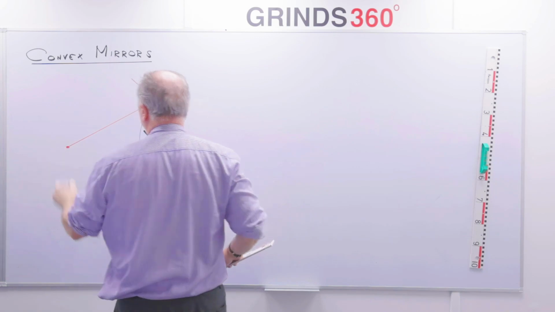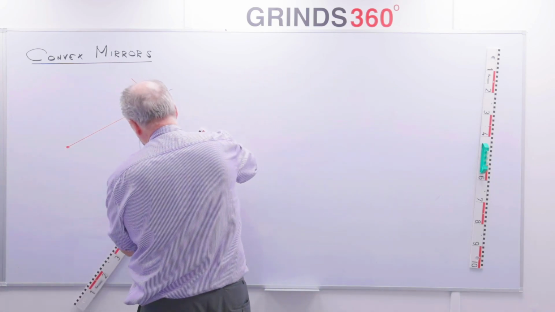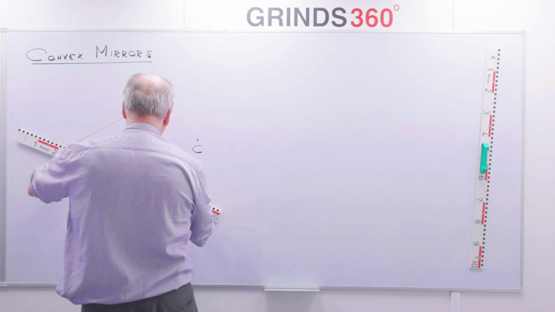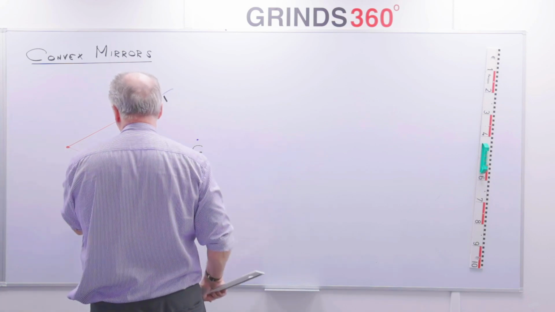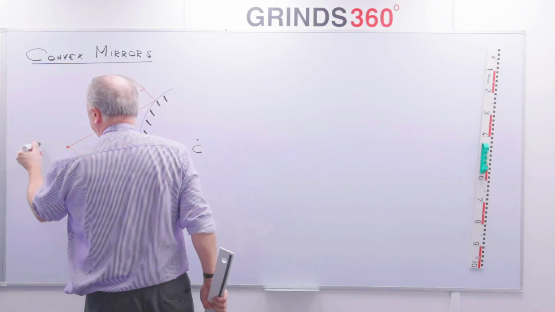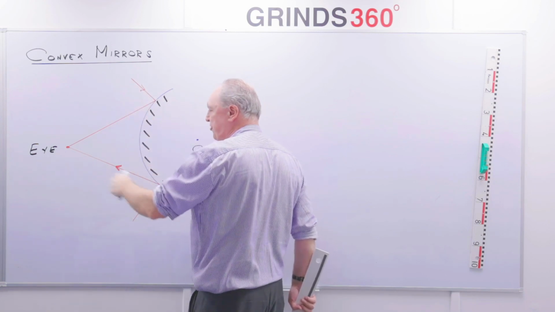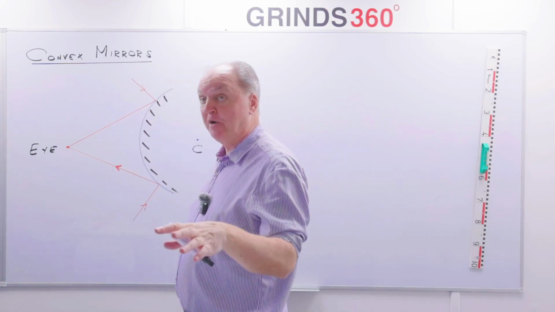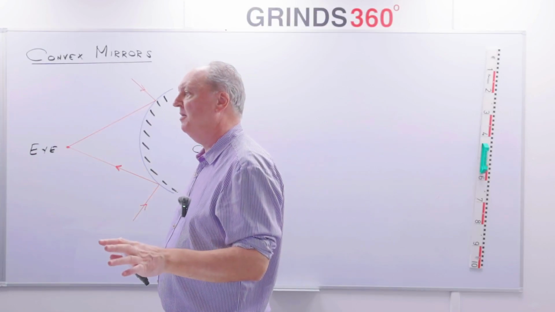And if I take rays of light from the other end of the supermarket, back here, they're going to bounce in towards the eye of the observer. So whoever's standing there can actually see all the rays of light coming from one end of the supermarket down to the other end of the supermarket. So you can imagine big buses, side view mirrors on big buses. You get a wide field of view as well.